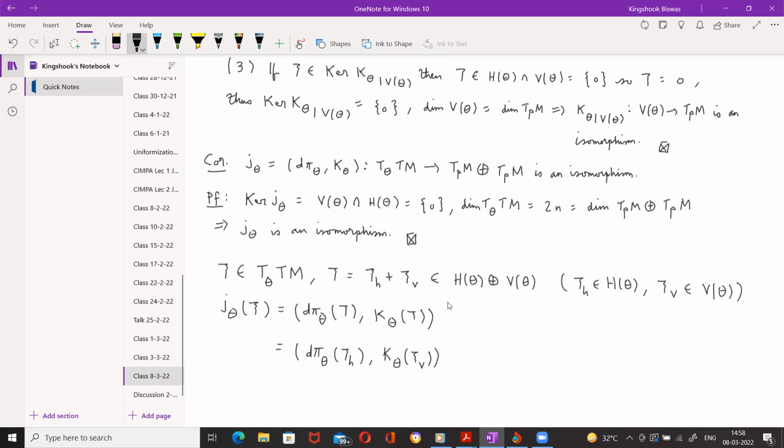And so, in other words, xi h, the horizontal part, the horizontal component, corresponds to d pi theta of xi, which is the same as d pi theta of xi h in TPM.